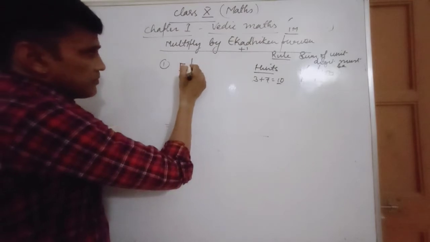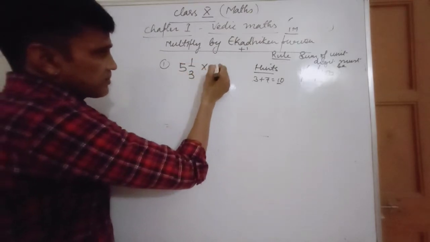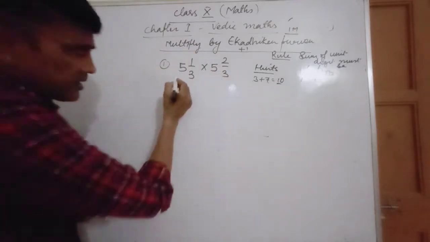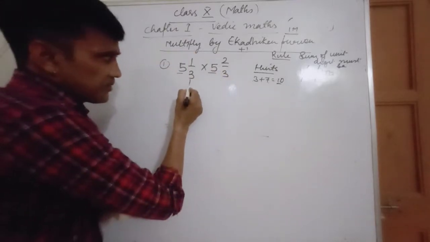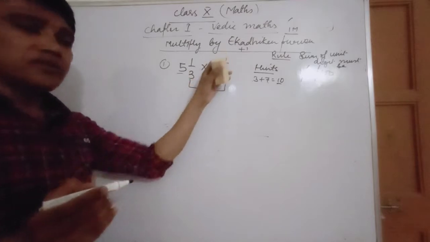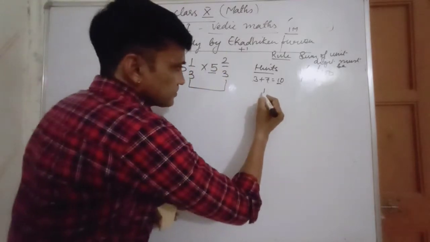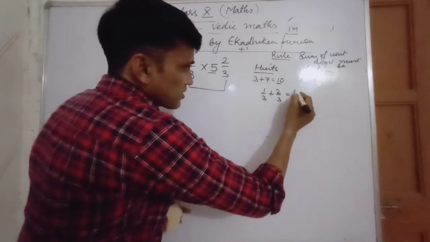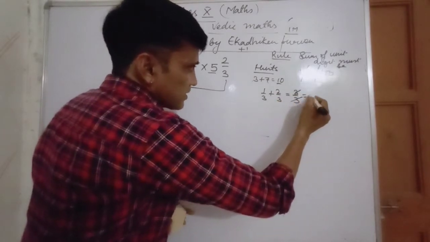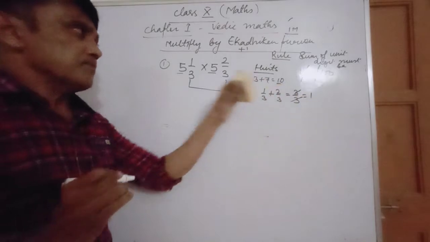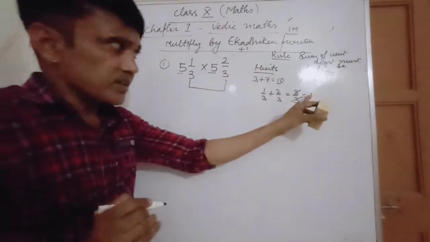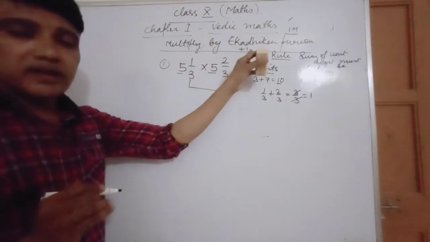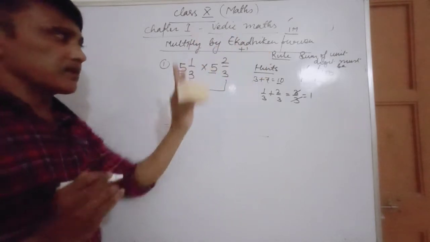Okay, if you want to multiply some fractions like this, 5 and 1 upon 3 multiplied by 5 and 2 upon 3. Same digits are 5, 5 and unit parts are 1 upon 3 and 2 upon 3. Sum of 1 upon 3 plus 2 upon 3 means 3 upon 3, 1. If the sum of the unit digits is 1, 10 or 100, you have to apply the Vedic method of एकाधिकेन पूर्वेण.